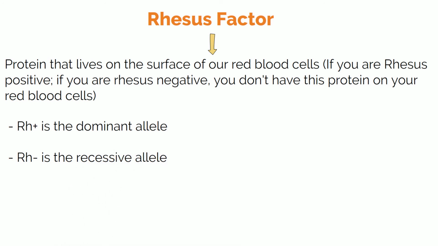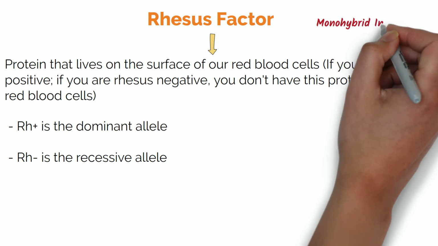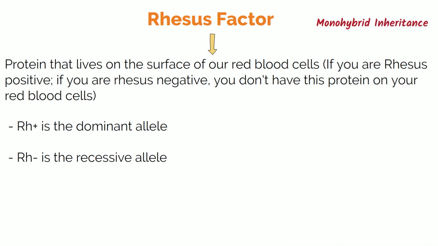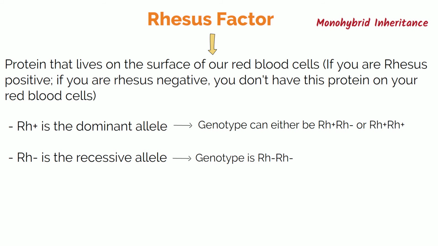The inheritance of the rhesus factor is independent of the ABO blood groups, so it follows a standard monohybrid inheritance. If you are rhesus negative, then that means you have 2 recessive alleles. And if you are rhesus positive, then you can either have 2 rhesus positive alleles, or 1 rhesus positive and 1 rhesus negative.